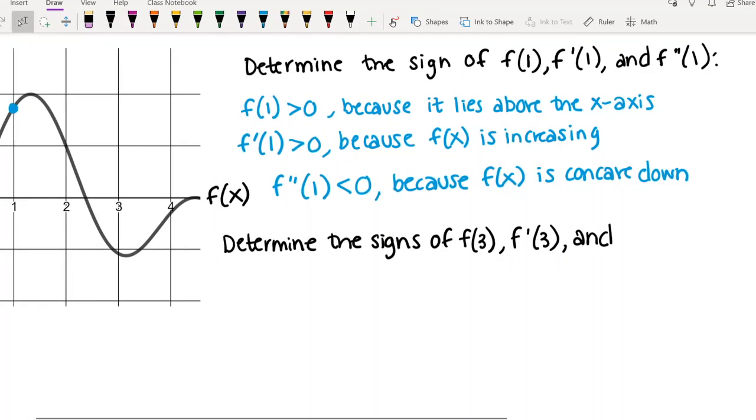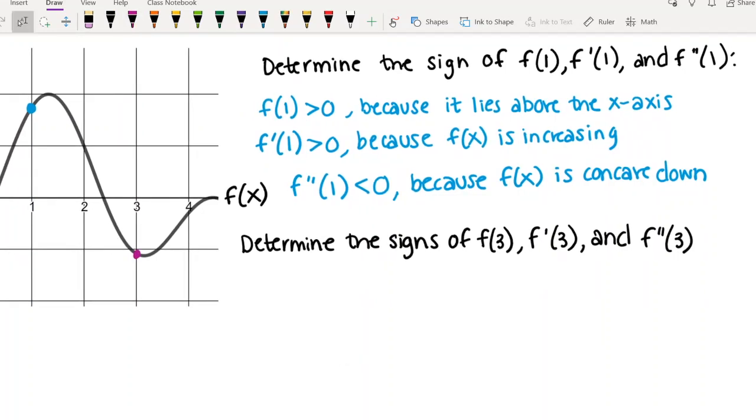So I'd encourage you to pause the video and try this yourself. Try to figure out whether they're positive or negative. So here's the point on our graph. So first thing we can say is that f of 3 itself is negative, right? It's less than 0, and that's because it lies below the x-axis.